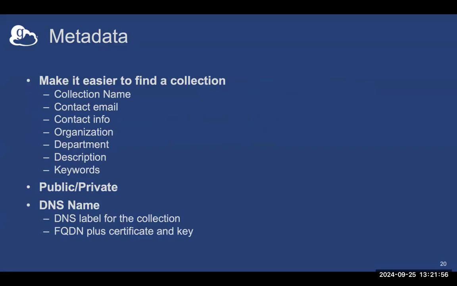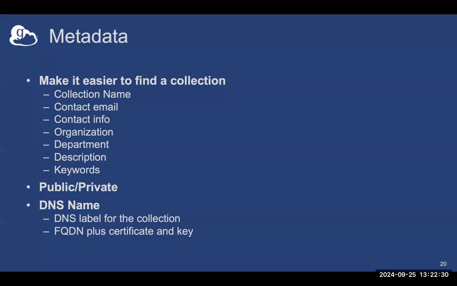Metadata allows you to find a collection, in addition to the same endpoint configuration, like the organization and the department and keywords. There's collection name, a description, contact information, and everything that you put in there will make it easier to find the collection. There's public and private, which was also relevant to the endpoint. I forgot to put it in that slide, but what this does is it controls how visible.